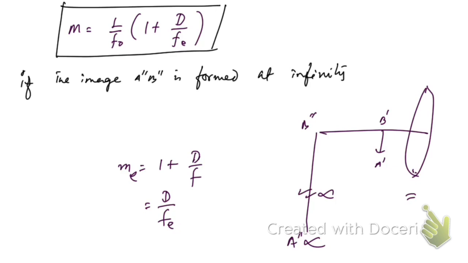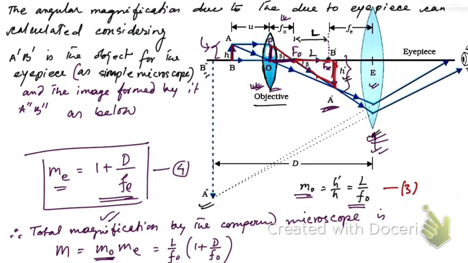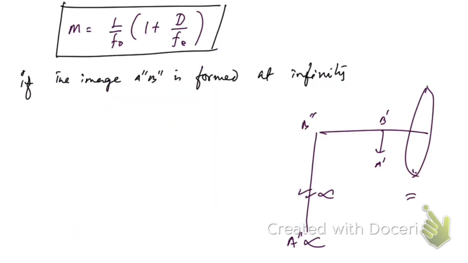So if A double dash B double dash is at infinity, then me is approximately equal to d by fe. Let me write here infinity, then me is equal to d by fe.